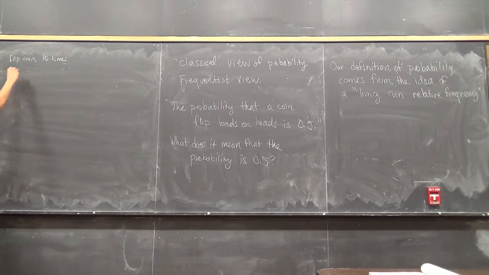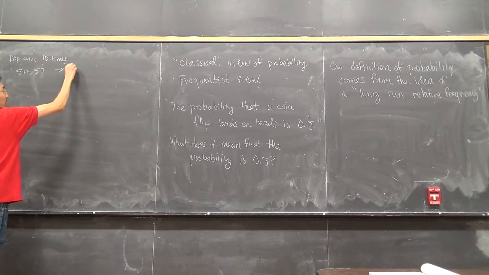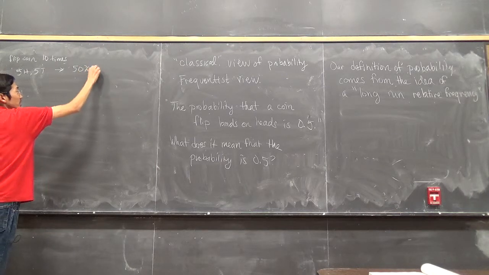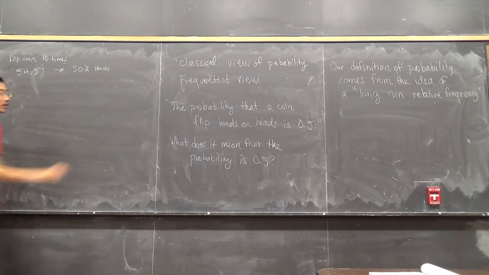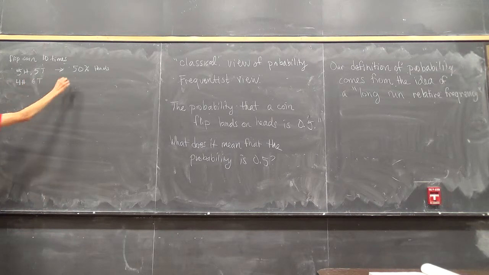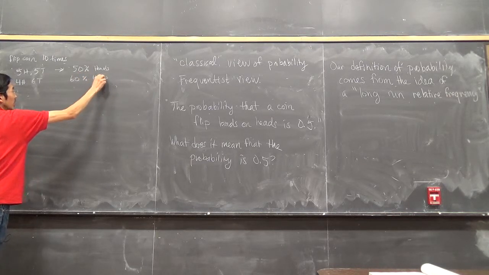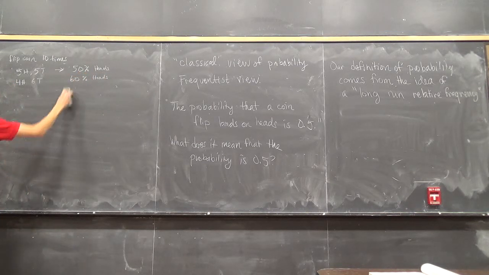We might get 5 heads and 5 tails, and that would correspond to 50% heads. But I could also see 4 heads, 6 tails, and that would correspond to 40% heads.